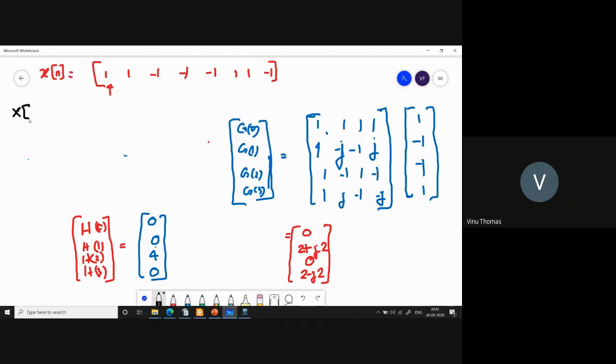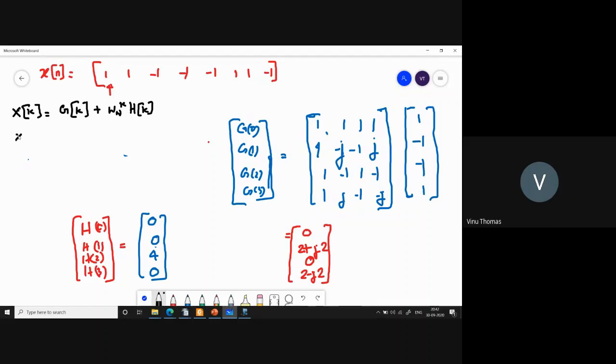We can write x of k is equal to g of k plus Wn raised to k into h of k, right? This is for 0 less than or equal to k less than or equal to n by 2 minus 1.